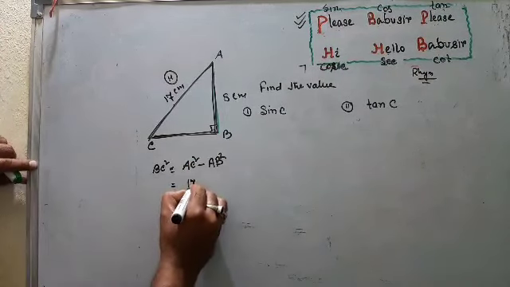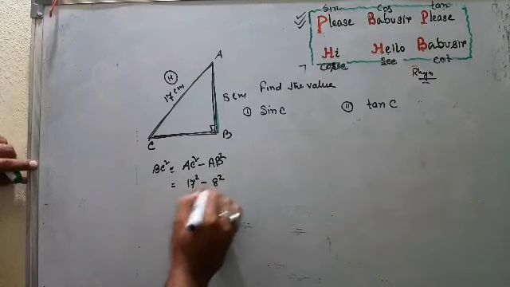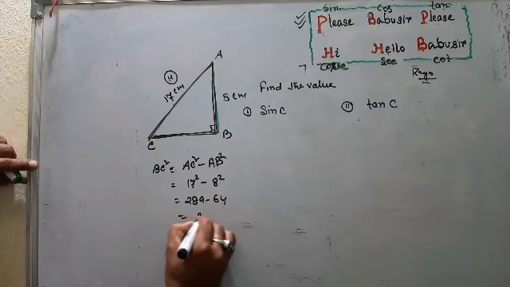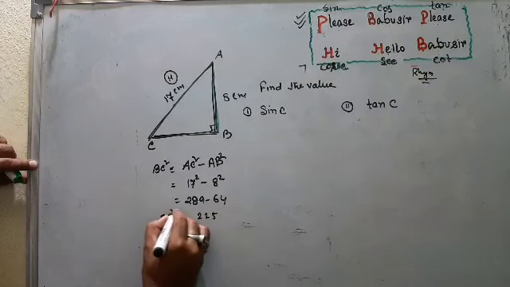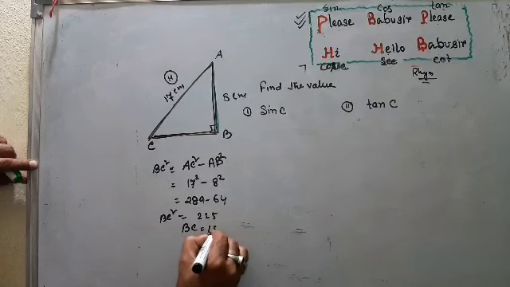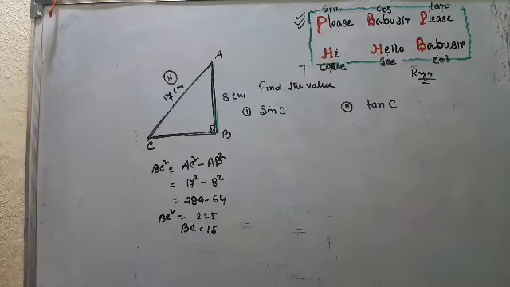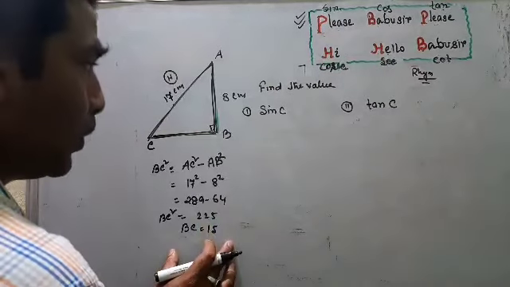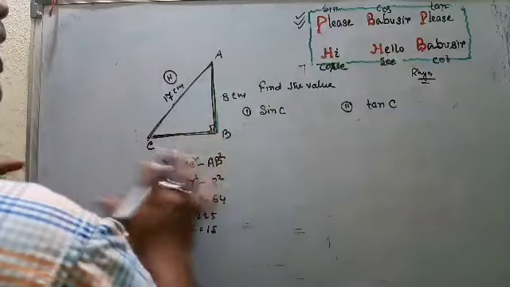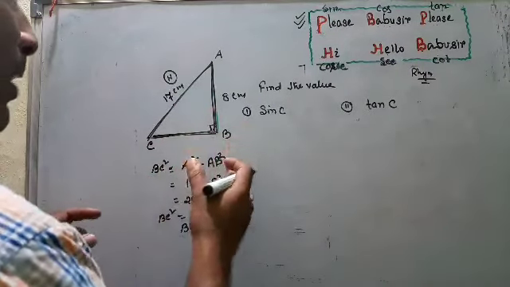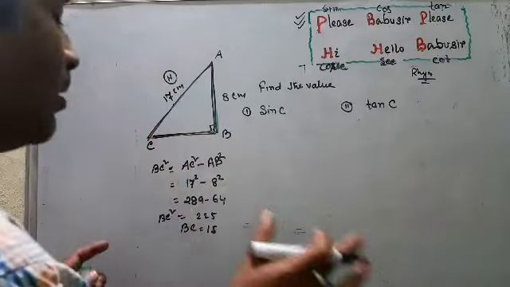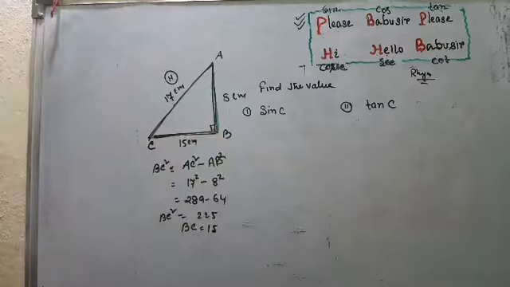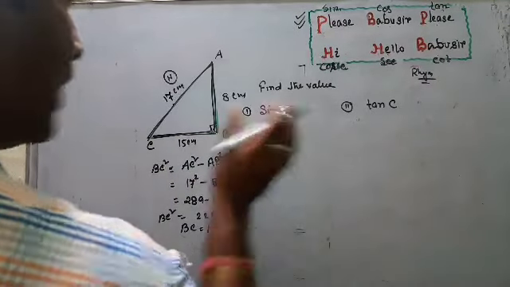So AC is given 17 square and this one 8 square. 17 square is 289 minus 64, that is 225. If BC square is equal to 225, that means BC is equal to root under 225, that is 15. Root under 225 is plus minus 15, but we always take the positive term, because we are talking about measurement, length, and length cannot be negative. So BC is confirmed, 15.